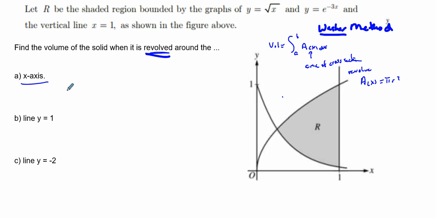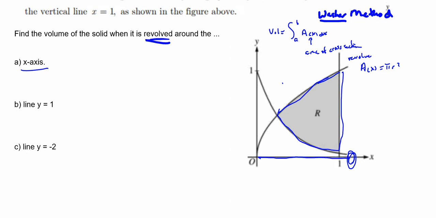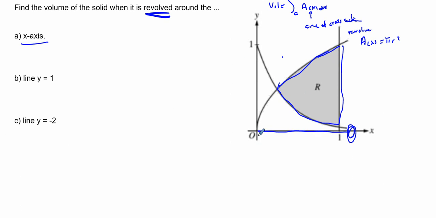Well, we're going to revolve this around the x-axis. So here's our x-axis, and we're going to be revolving this region R around the x-axis. When we do this, this value is kind of being reflected over here, and I'm going to have another one going like this.